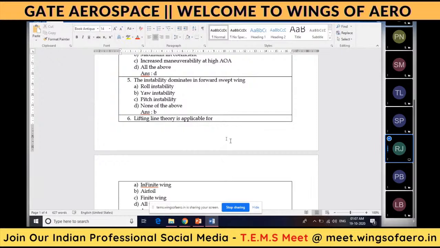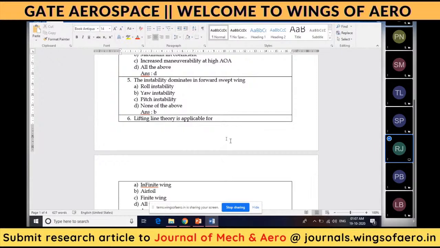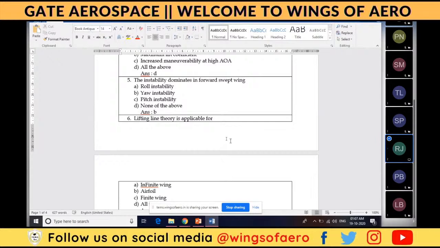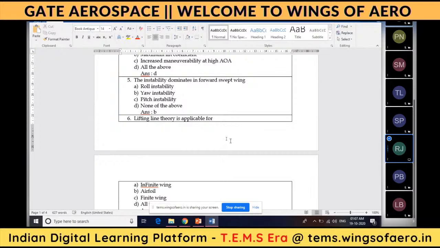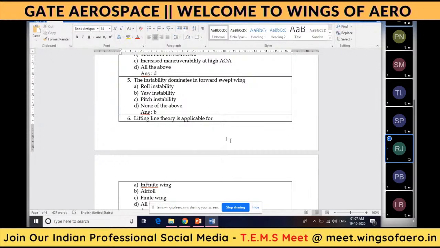A complete wing we will call a finite wing, and an infinite wing we will call an aerofoil. This Prandtl lifting line theory is not applicable for aerofoils and infinite wings. It is applicable only for a finite wing. Therefore, the answer is C. The lifting line theory is applicable only for finite wing.